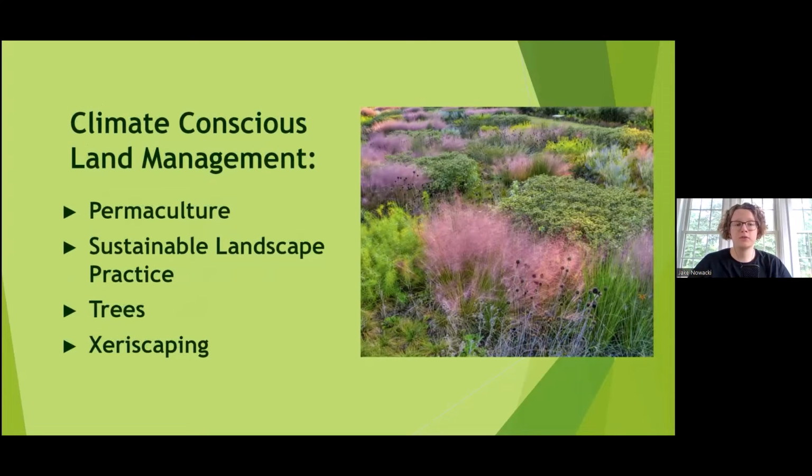Additionally, this includes permaculture, sustainable landscape practice, trees, and xeriscaping, which is low water landscaping. All of these climate-conscious land management practices aim to teach the users how to more effectively take advantage of their land in the specific climate that they're in.